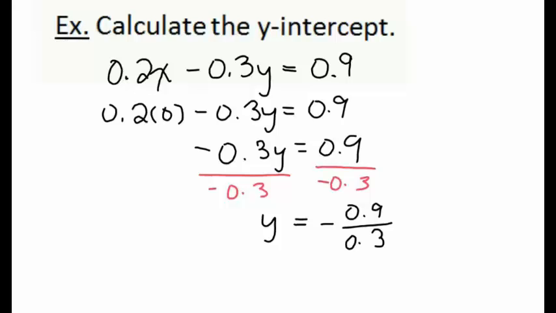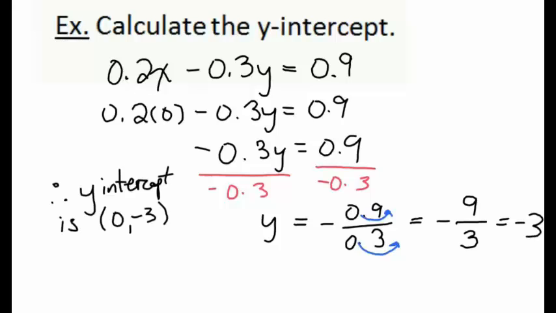Remember, when you're working with decimals like this inside of a fraction, we could multiply both the numerator and the denominator by powers of 10, or in other words, we could shift the decimal in both the numerator and denominator at the same time. So our y is really equal to negative 9 over 3, which is negative 3.